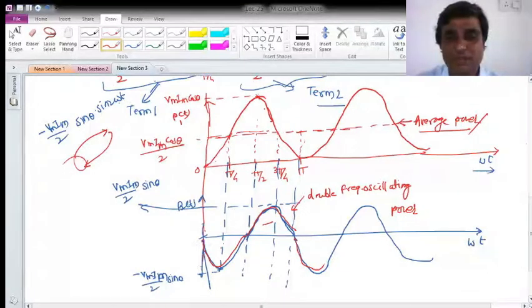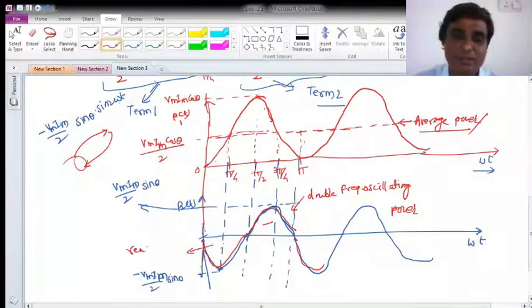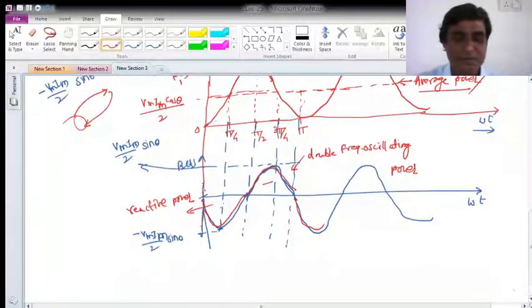So this is my oscillating power, and this oscillating power is basically called reactive power. Okay, so now I got the two terms, that is active power or average power, and reactive power.